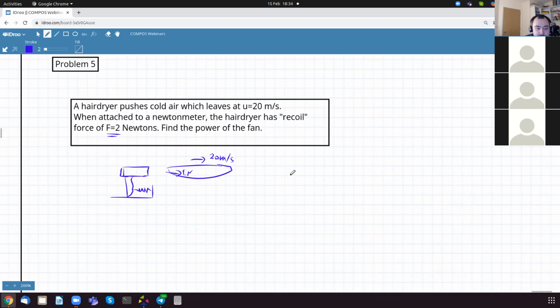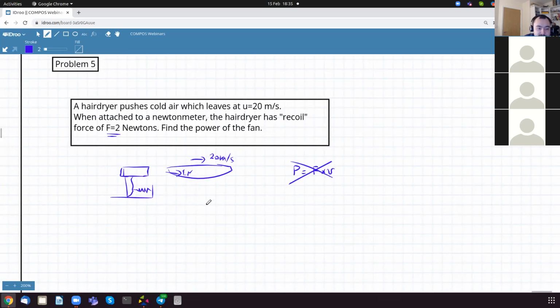Well, we know power is equal to force times speed. But that's not really the case here because the fan is not moving. It's the air that is moving. So it's not this, unfortunately. What happens here?